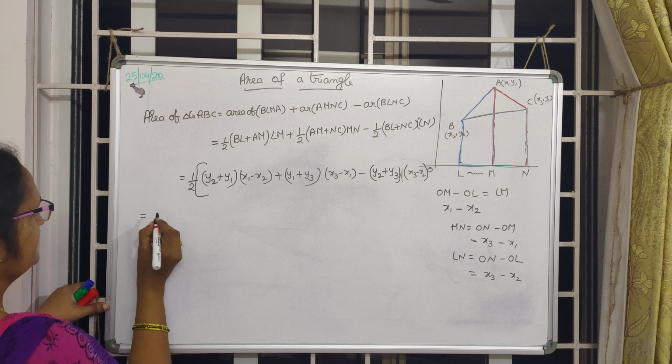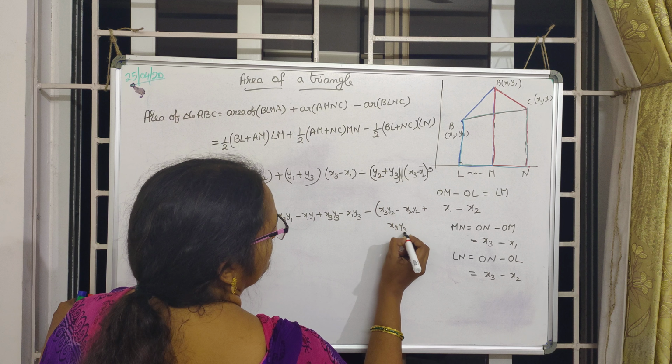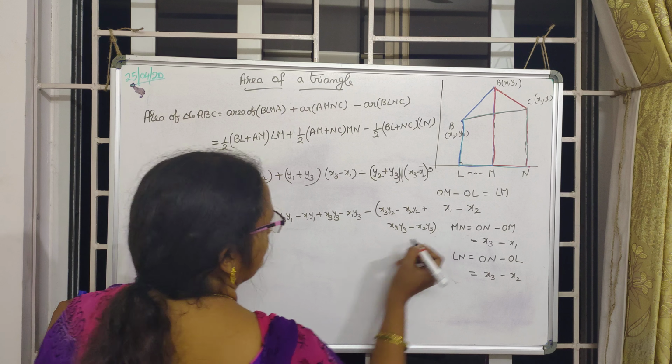That is half, x1 y2 minus x2 y2 plus x1 y1 minus x2 y1 plus x3 y1 minus x1 y1 plus x3 y3 minus x1 y3, minus of x3 y2 minus x2 y2 plus x3 y3 minus x2 y3.